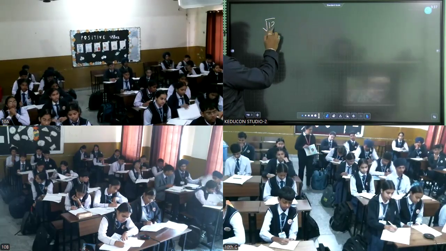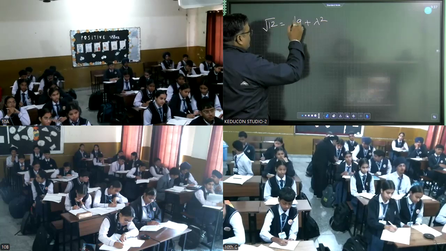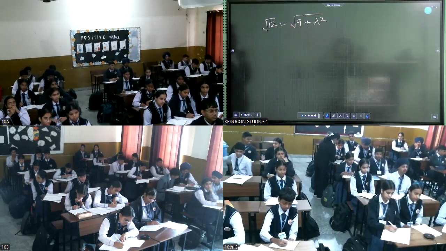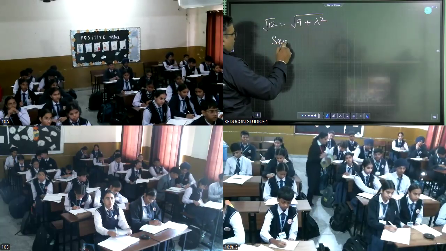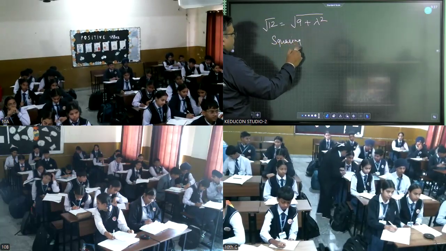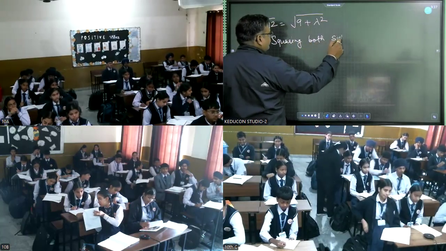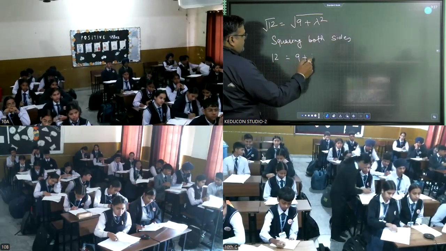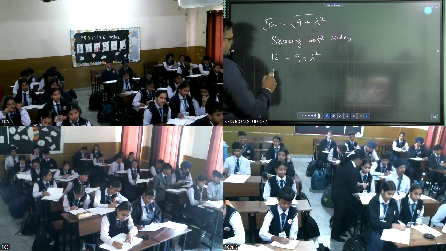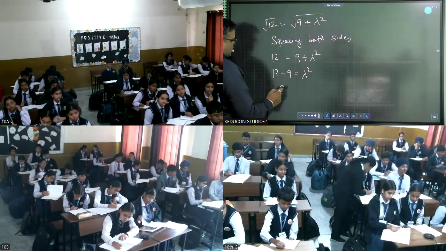Under root 12 is equal to under root 9 plus lambda square. So what will we do now? Cancel the root, squaring both sides. So this will be 12 equal to 9 plus lambda square, so 3 equal to lambda square.